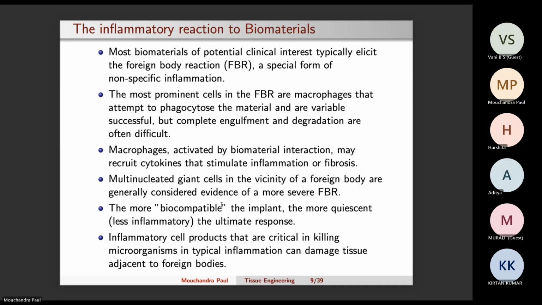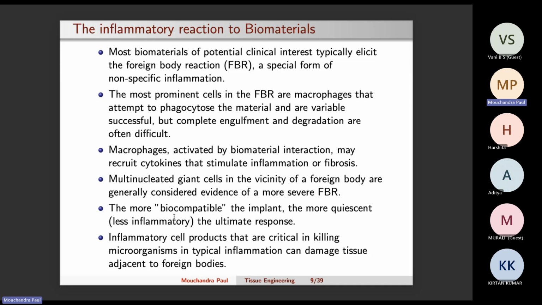All right. So the point is, if your implant is causing a foreign body reaction of very high intensity, how will you judge the intensity? If you remove it from the body and see the number of foreign body giant cells attached to it, then you will be able to understand that this foreign body reaction has happened very intensely.